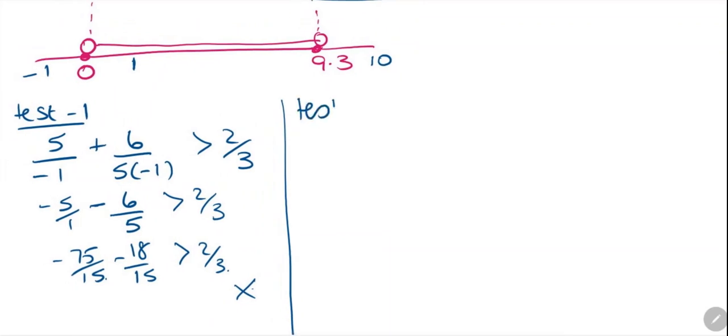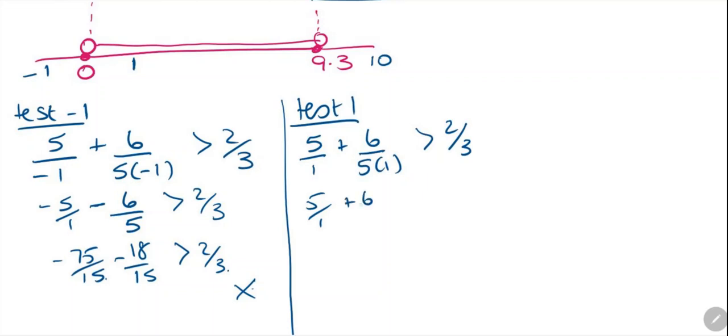So test with 1. So we have 5 divided by 1, 6 divided by 5 times 1, and see if this is greater than 2/3. So 5 over 1, 6 over 5, and again we need to put them over a common denominator, so we'll put them over 15.